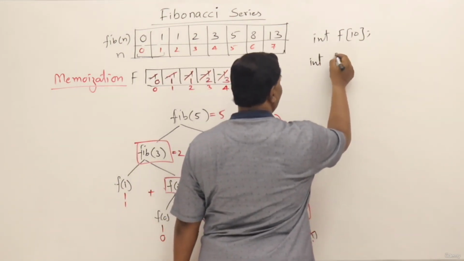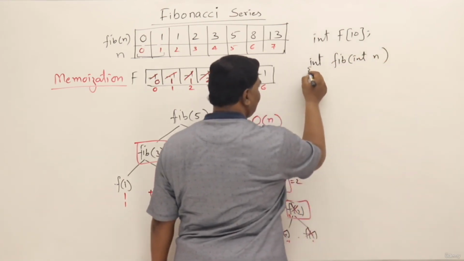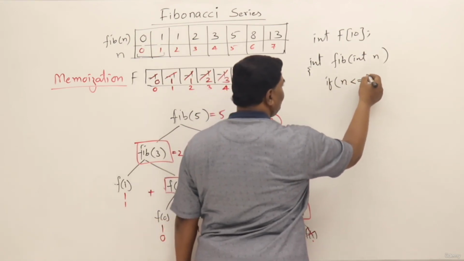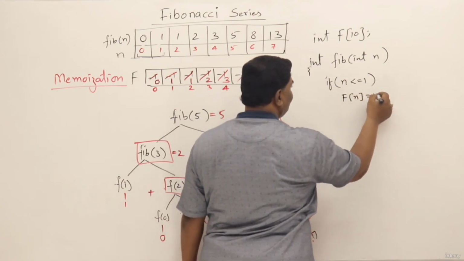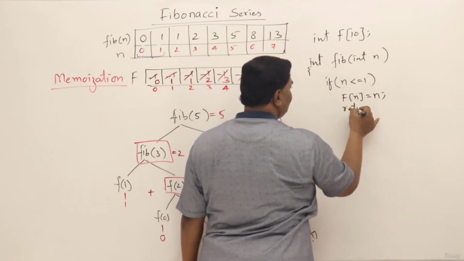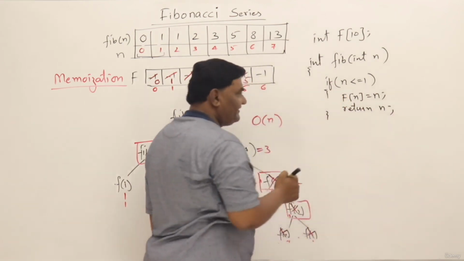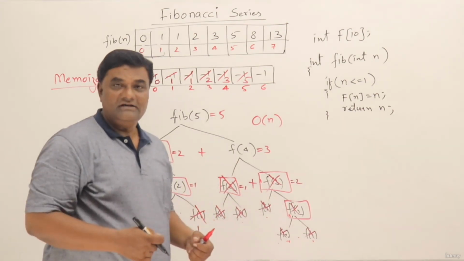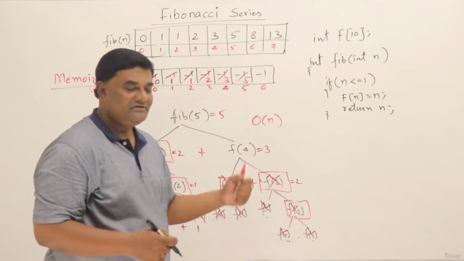Now the Fibonacci function takes parameter n, and if n is less than or equal to 1, then in f of n store the value n and also return n. If you observe, the previous function just had return n, but now this function is also storing the result in the global array. For memoization, it is storing in f.